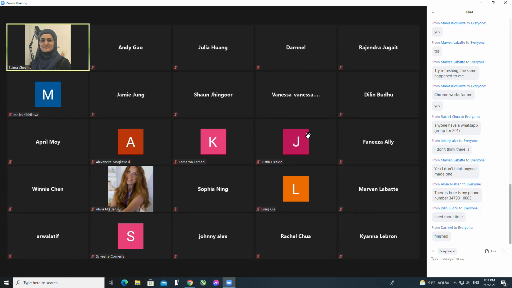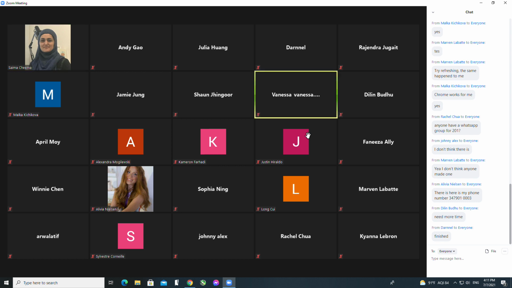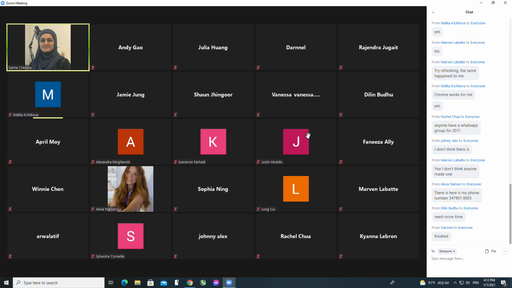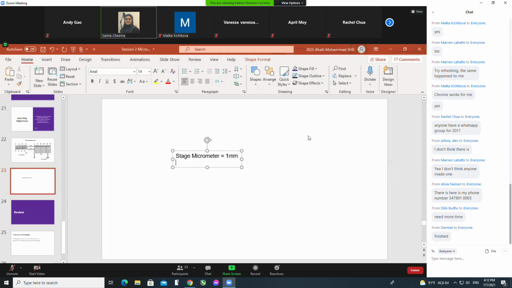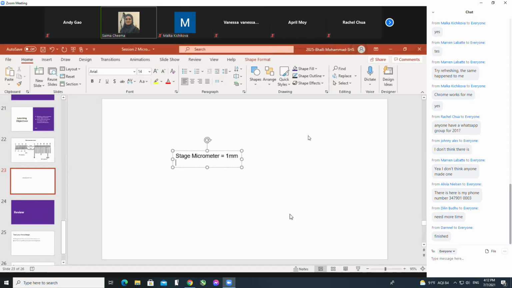Let's see if anybody else still needs time. Is everybody done with counting and figuring out the equivalent divisions between stage and ocular ruler? Yeah. Okay, all right. So let's look at how to calibrate it. First, let's do it for 10x, because we saw it.